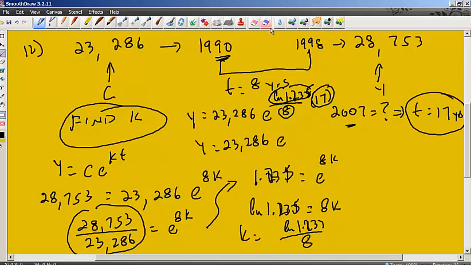That's a mess. Okay. And then what will this power end up being? e to the what? What is ln of 1.235 divided by 8 multiplied by 17? Or multiplied by 17 divided by 8?